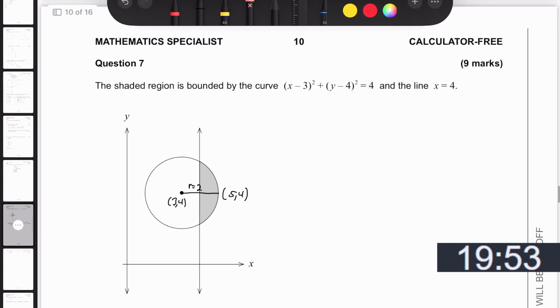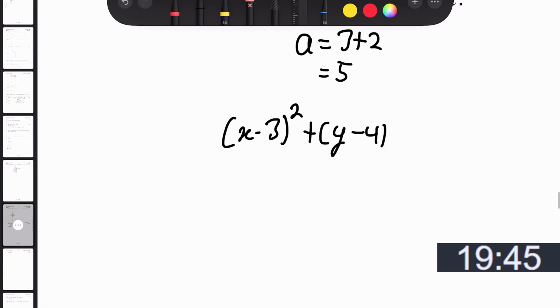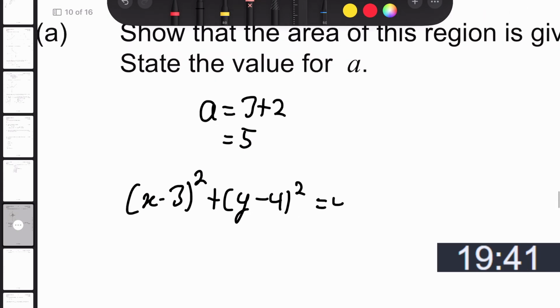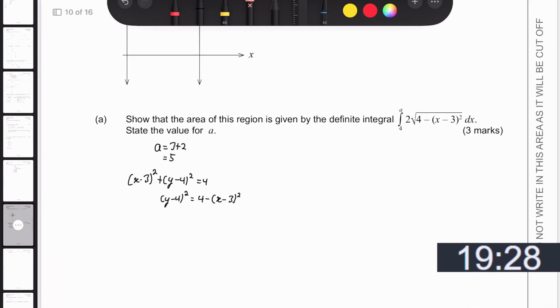And then, so we have y squared. So let's rewrite this. So x minus 3 squared plus y minus 4 squared equals 4. So we have that y minus 4 squared is going to equal 4 minus x minus 3 squared. Now it has a 2 in there.